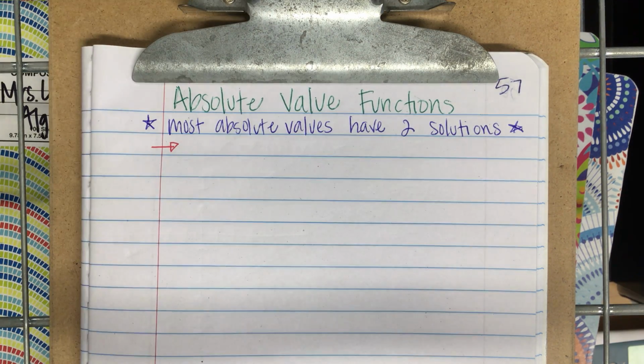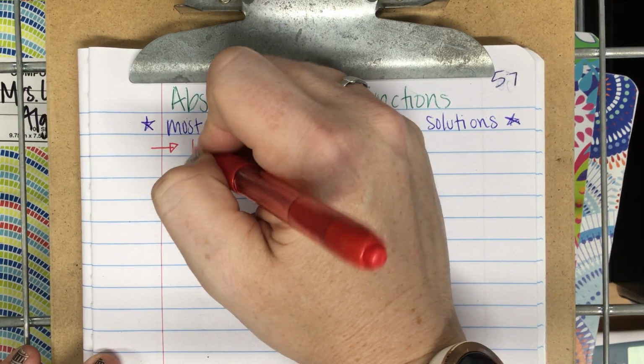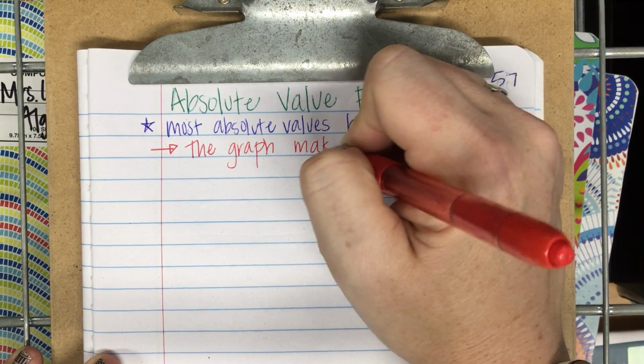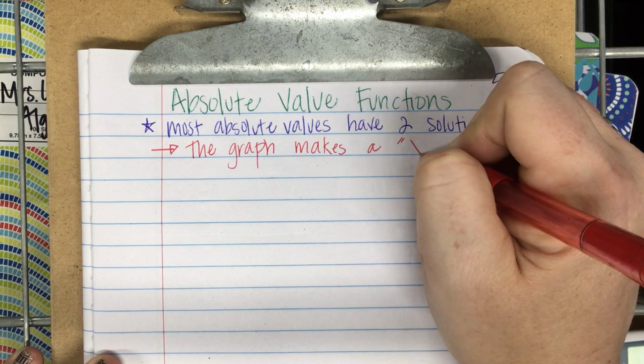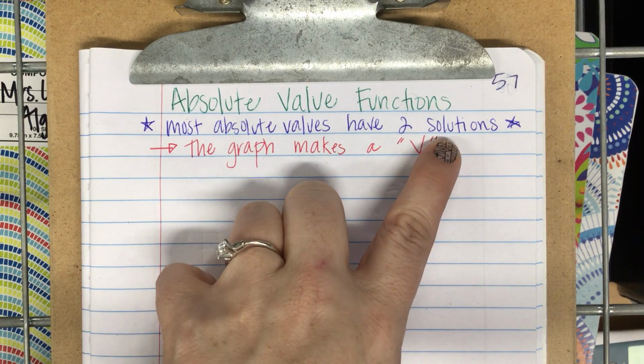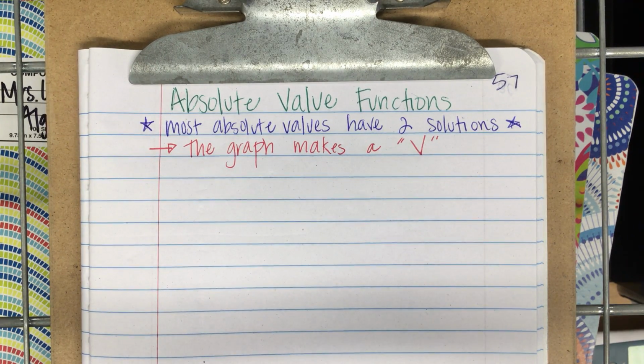So the shape we're looking for, the graph makes a V. Because if one of them, our X answer, is positive 2, the other would be negative 2. They're opposite each other. So there are going to be 2 pieces, one on one side, one on the other side, making a V.